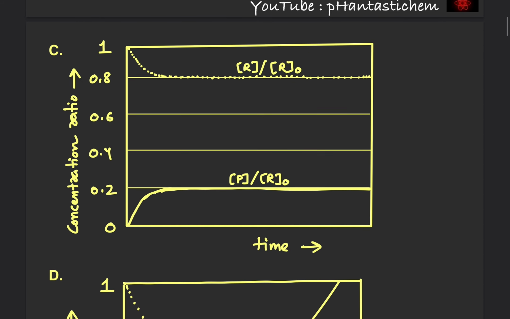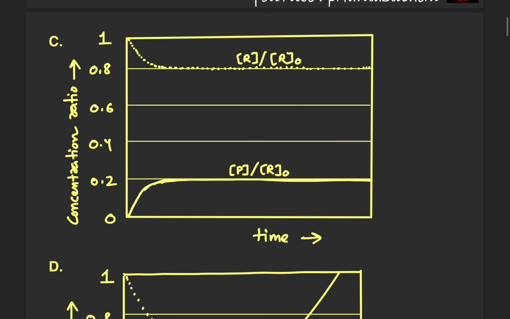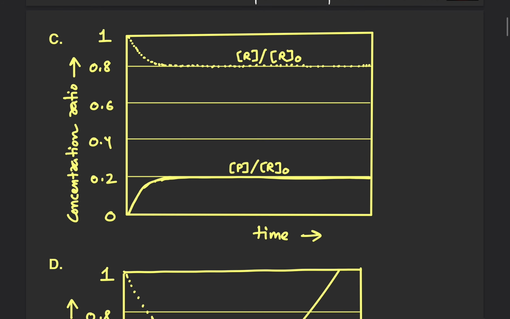Next, coming to option C, at equilibrium, R by R naught is equal to 0.8 and P by R naught is equal to 0.2, which is correct. Also the value of P by R naught starts from 0, since at time t equal to 0 the concentration of P is 0.